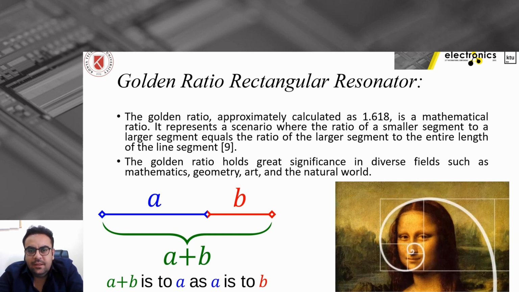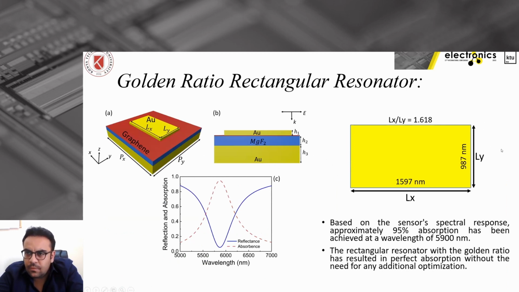It represents a scenario where the ratio of a smaller segment to a larger segment equals the ratio of the larger segment to the entire length of the line segment. The golden ratio holds great significance in diverse fields such as mathematics, geometry, art, and the natural world.